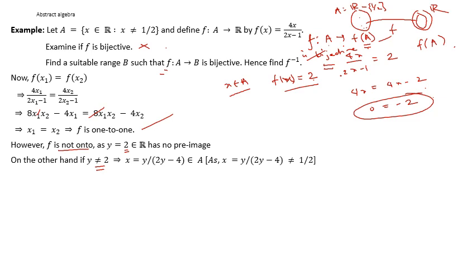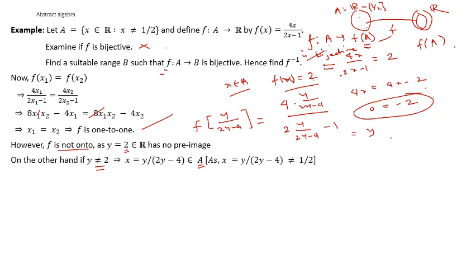that is an element of A, and what is f of y by 2y minus 4? This is 4 ... now এটাকে সিম্পলিফাই করলে আমরা দেখব this is y.